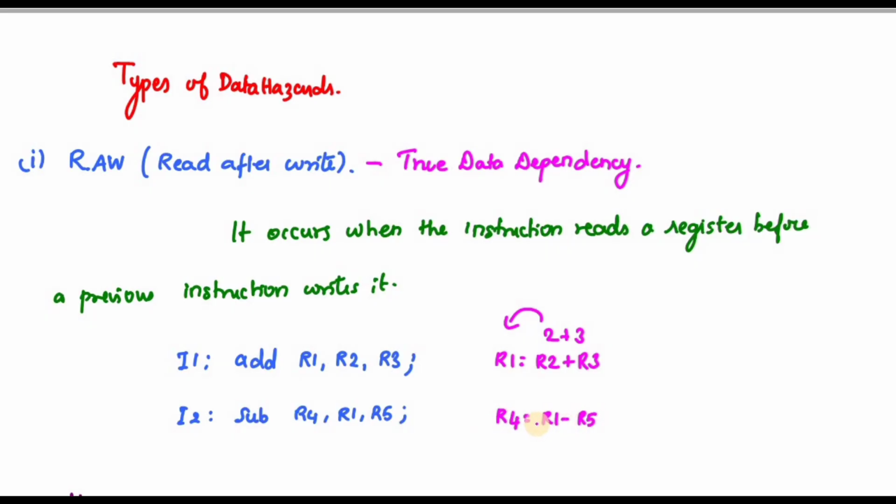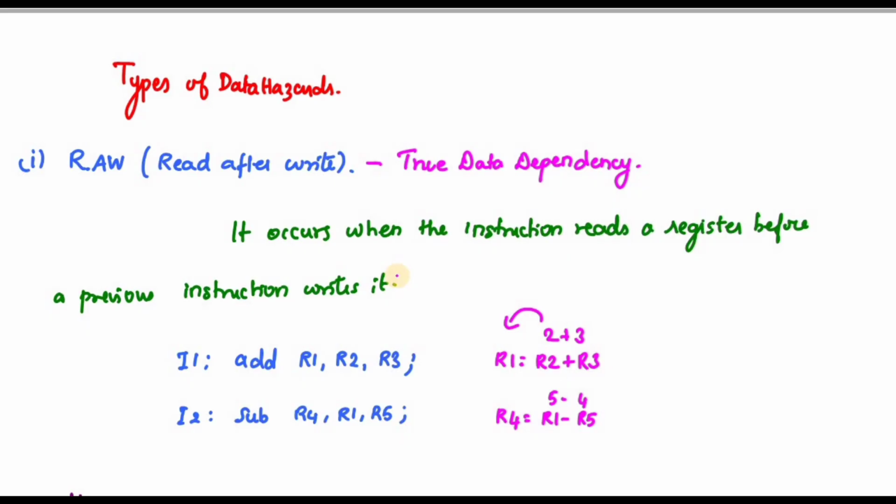So now it has to be 5 minus, let me assume this is 4. But before writing the data into R1, if instruction 2 reads the data from R1, it will cause this data hazard.